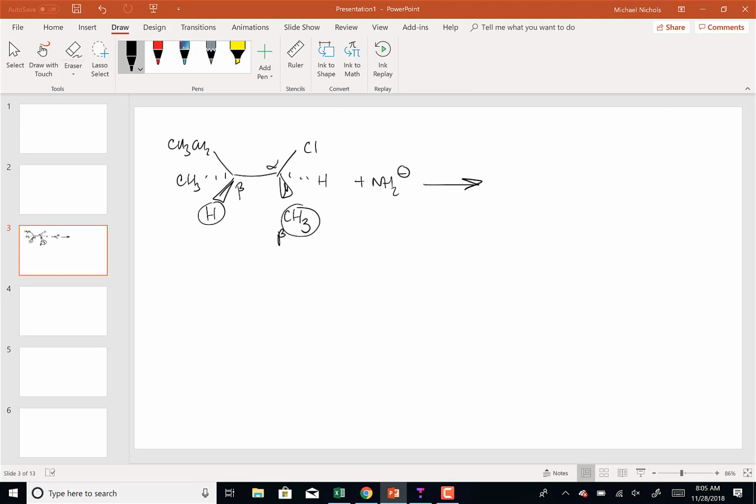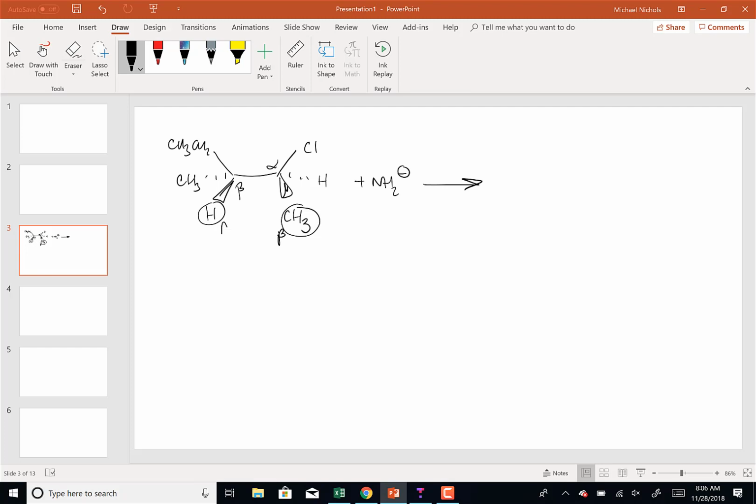So we then say, okay, NH2 minus is going to produce what kind of product? The most stable, the most substituted product.